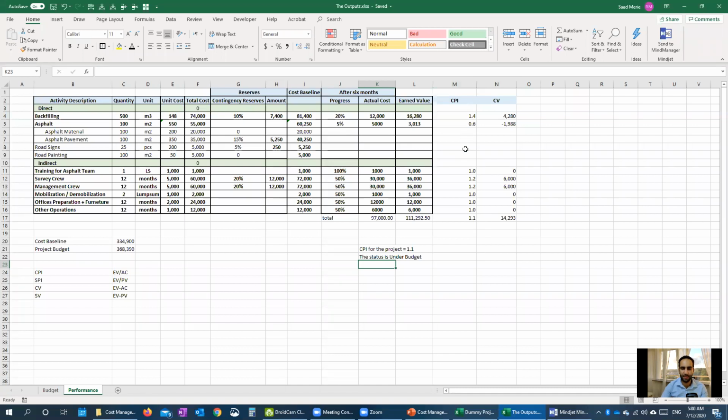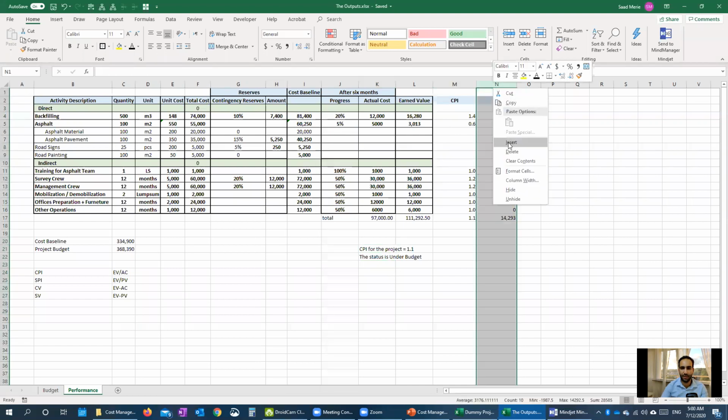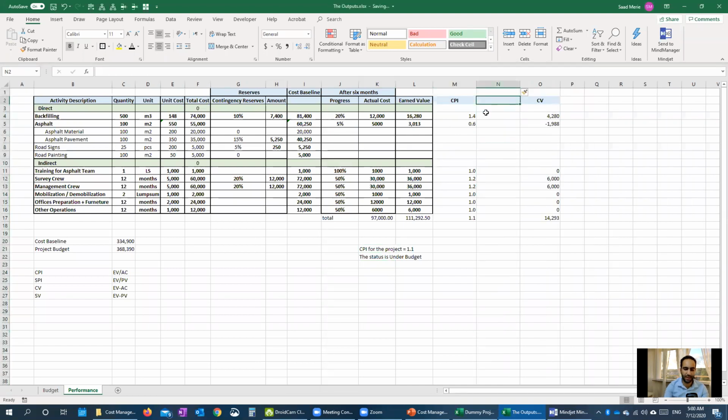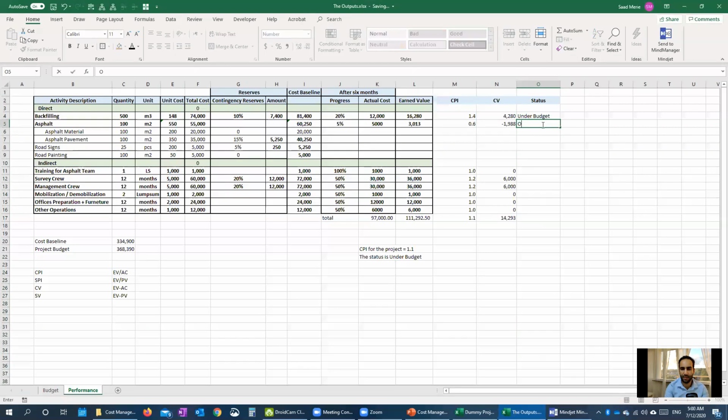But that doesn't mean it is a good thing, because we are taking a look only at the total. If we took status here, let's put it after the CV because it is applicable for both. Here we are under budget, but here we are over budget. And here we are on budget.